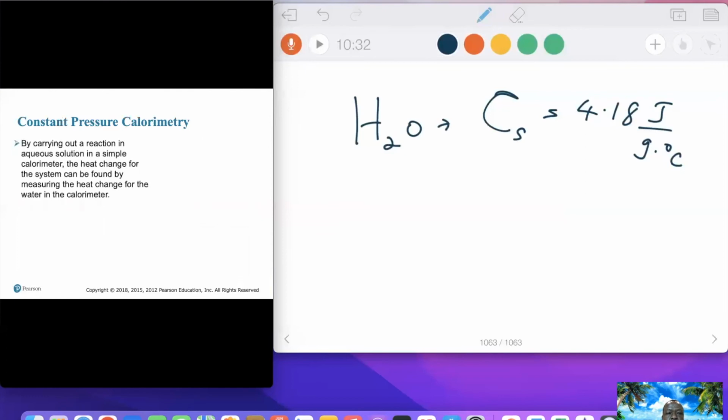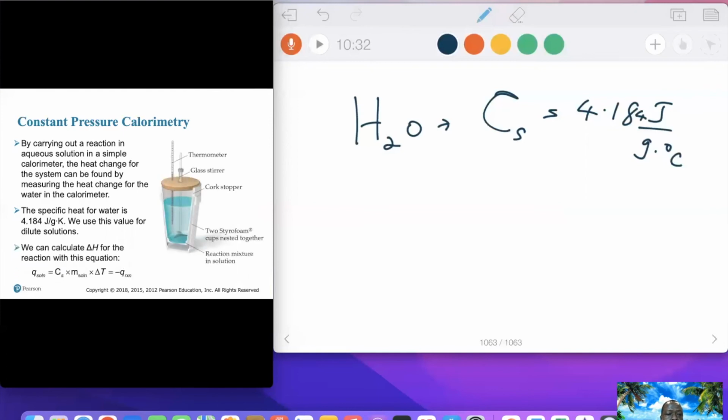I'll show you how you use the specific heat to determine the heat of reaction. The specific heat is 4.18 or 4.184, it doesn't make much difference.